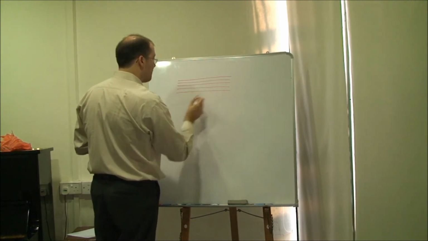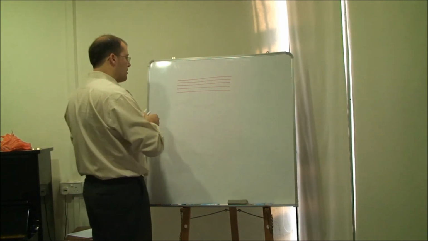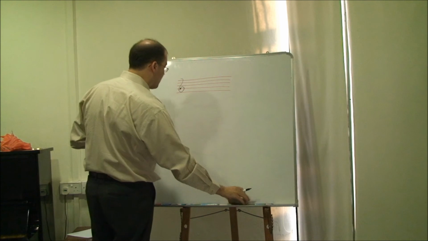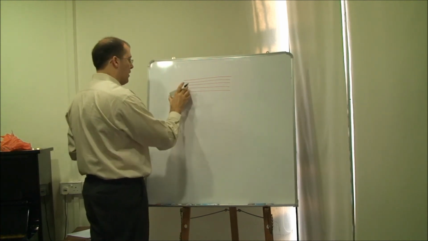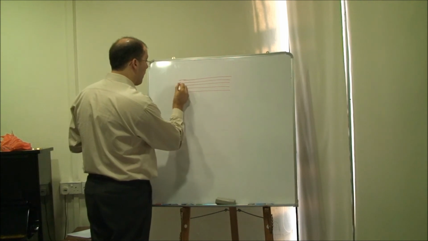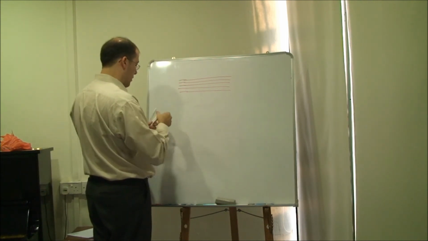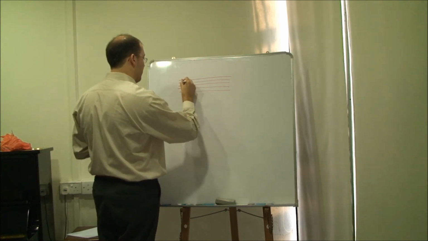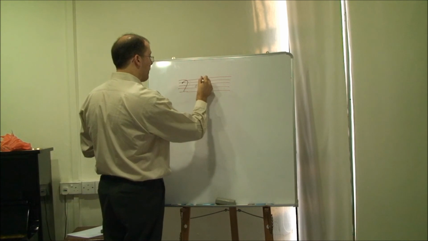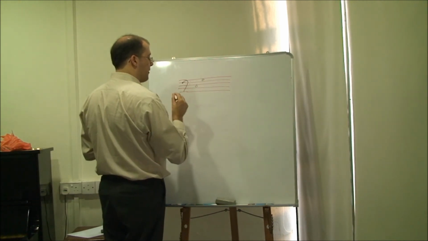Now, ledger lines is just when you carry on writing. Let's say you're writing a piece of music, and you are in the bass clef over there. So you're writing away, and you want a note that's an octave higher than that.